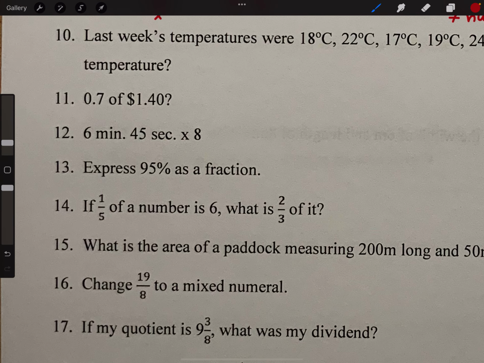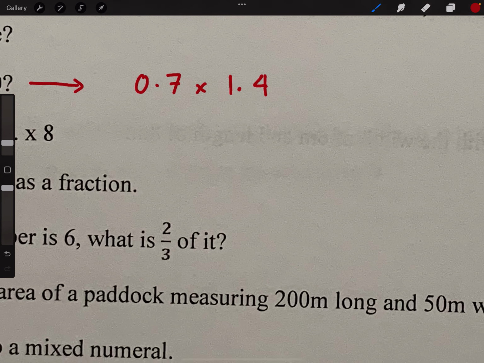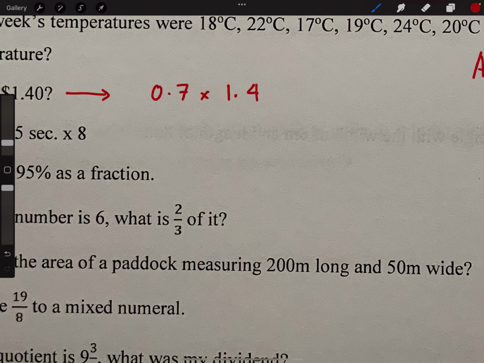Question 11. 0.7 times by 1.4. See, "of" means times. So what the question is really asking is what's 0.7 times 1.4? And the answer is going to be in dollars, okay? So when you want to multiply decimals, you got to use this neat little trick.